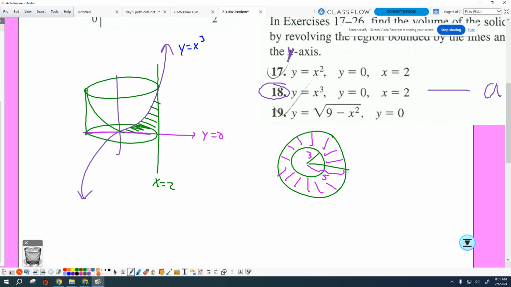So pi r squared of the big one minus pi r squared of the inside one. So 25 pi minus 9 pi, 16 pi. All right, well, let's see. Can we do that with this shape?